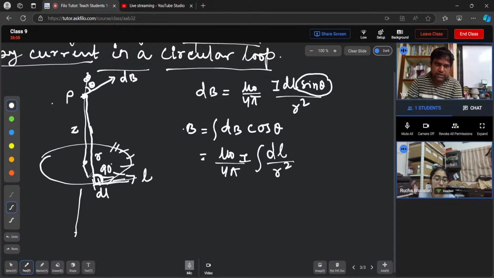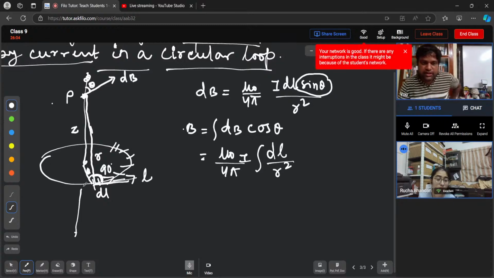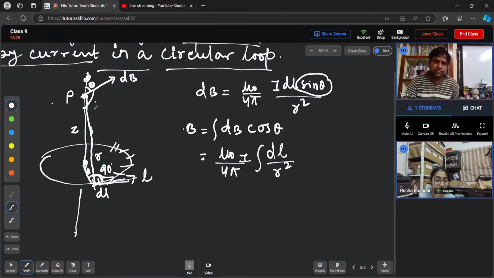This is the radius, and theta is the angle between the radius and this r vector, the distance from this length element to the point P. If this is theta, this is 90 minus theta.